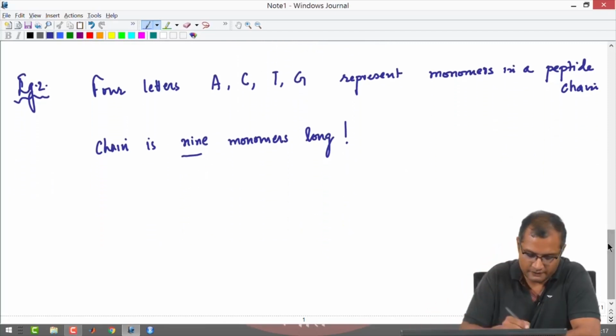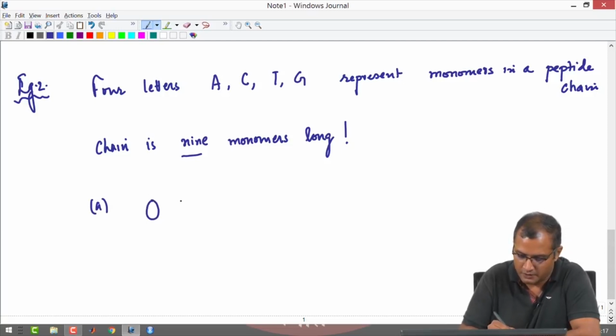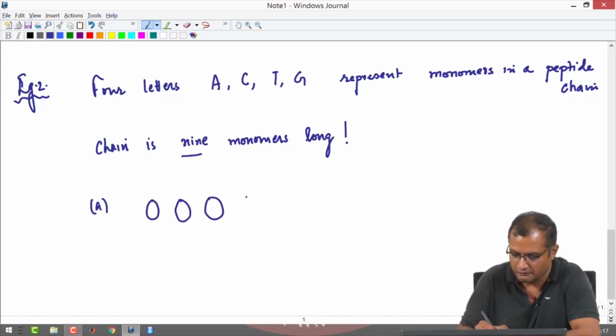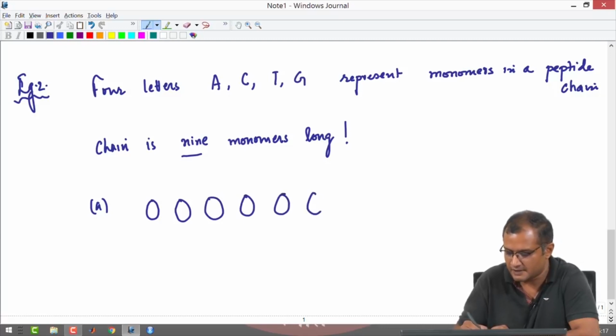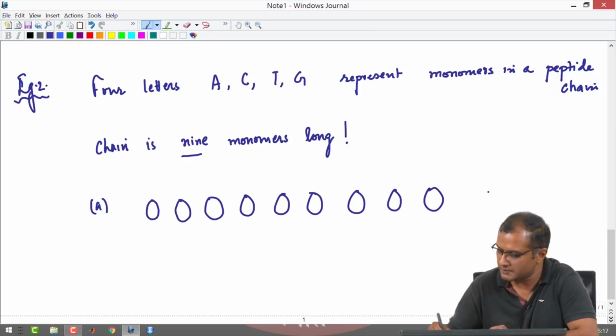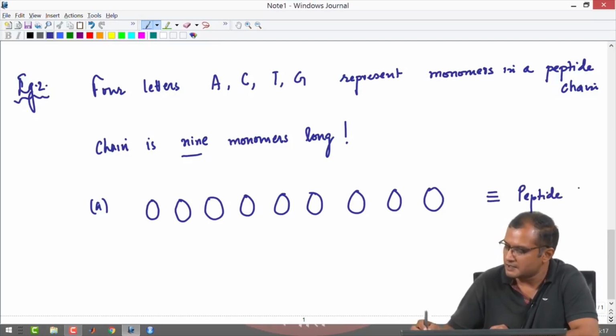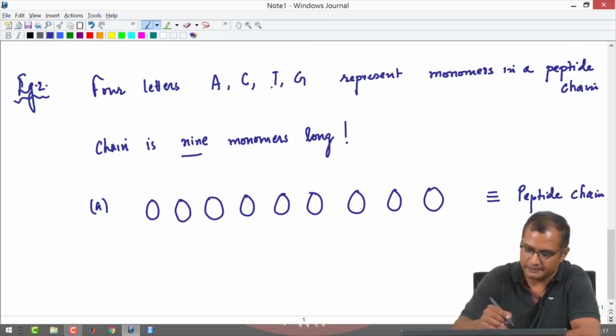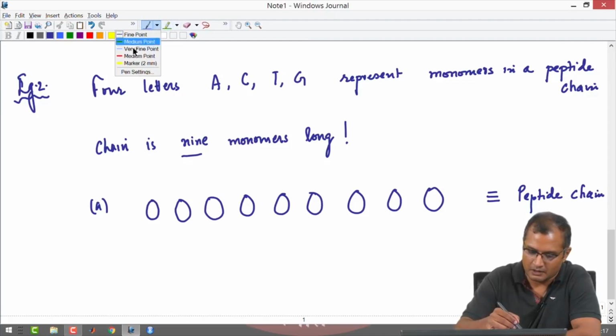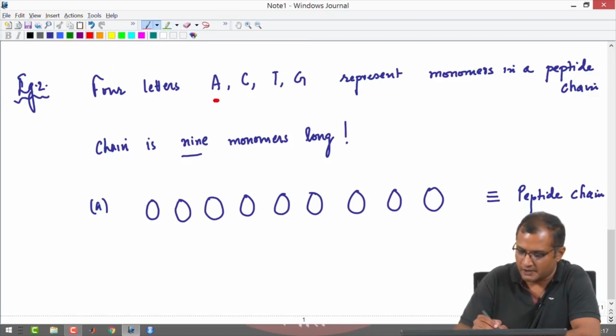So, I have 9 monomers, 1, 2, 3, 4, 5, 6, 7, 8 and 9. This is your typical peptide chain, and the empty slots have to be filled with these 4 letters, okay, these 4 letters.